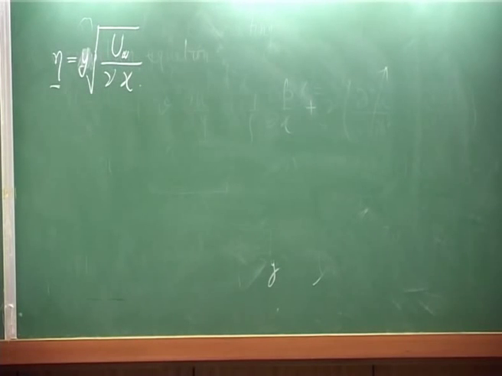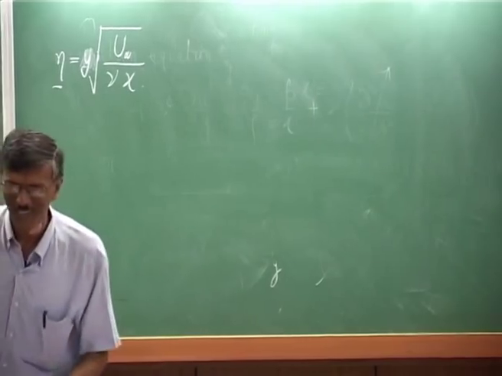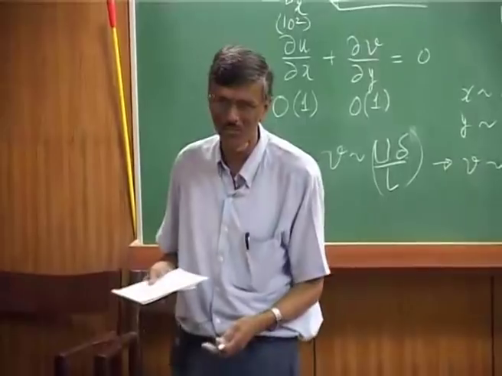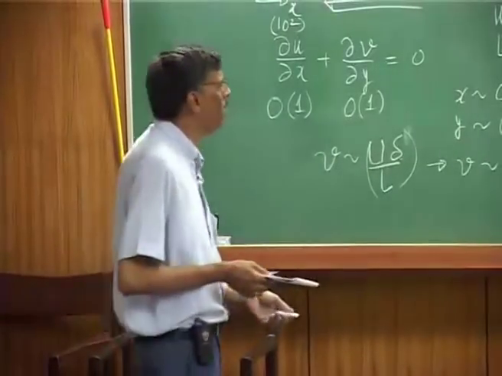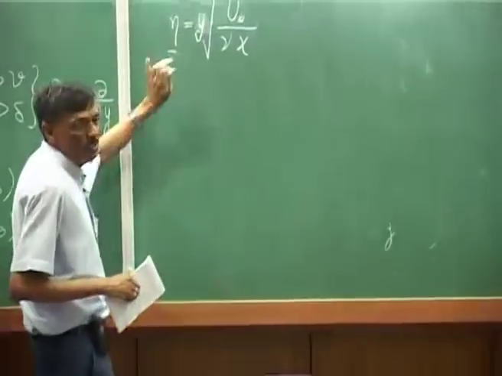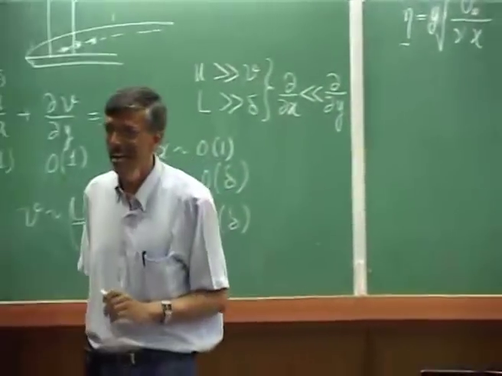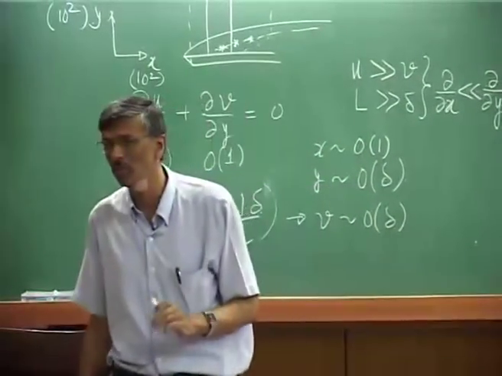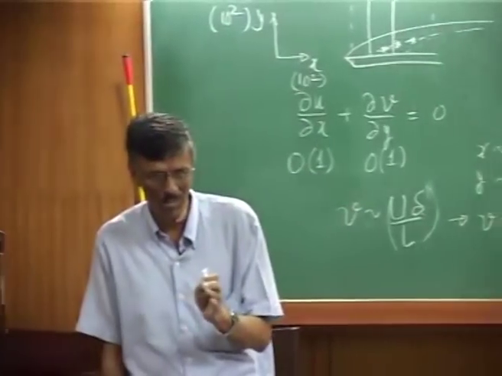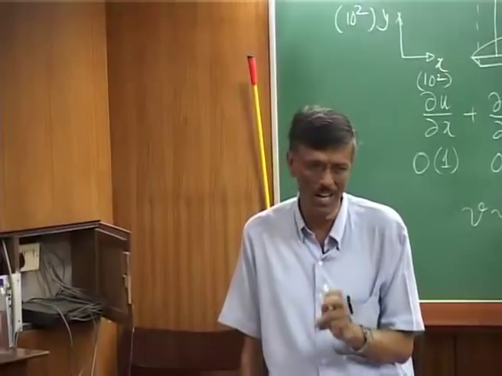So, you can see what one 8-page paper can do, that it has given many branches of physics and mathematics over the last 1 century. But once you do that, you can actually get the solution, which was earlier a function of x and y. Now, it becomes a function of a single variable eta.